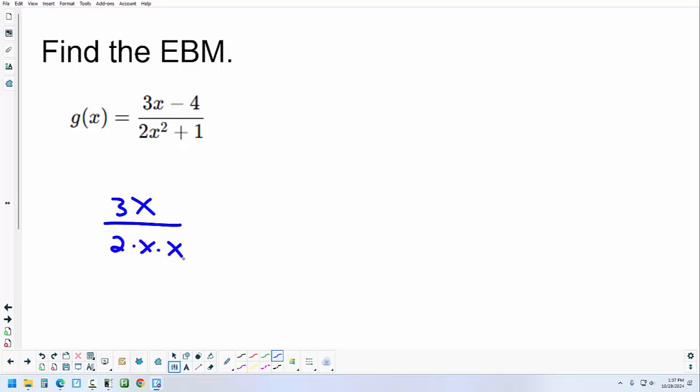What can I cancel out from the top and the bottom? The x. How many? One. Just one. There's only one to cancel from there, and there's only one to cancel from there. What does that leave me with? 3 over 2x. Yep. And that's the EBM. Tomorrow we'll use the EBM when we talk about a horizontal asymptote, but I separated that for a different day. Okay. Questions on finding EBM?